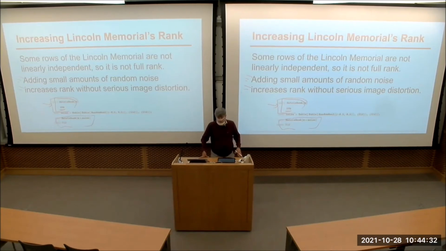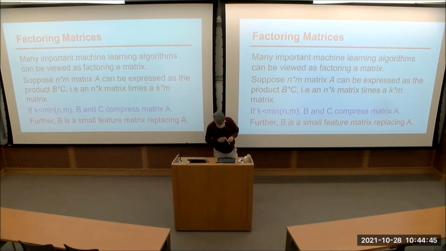But hopefully you didn't add enough to really distort it in an important way. Any questions about that? Any questions so far about anything we've talked about? Again, this is mostly review of stuff that you knew at some point, just to remind you a little bit.